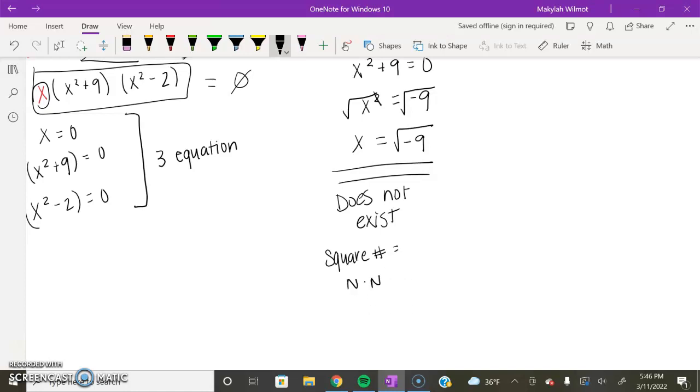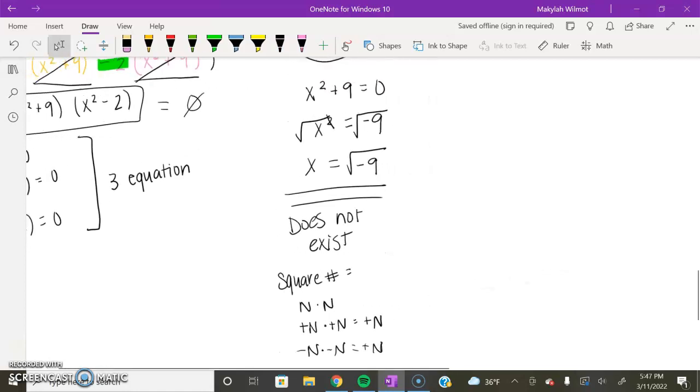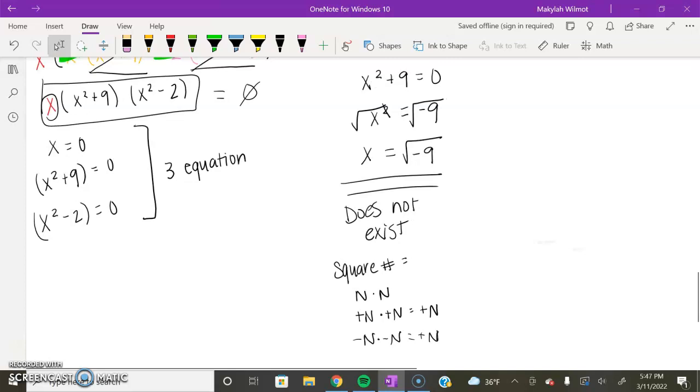Okay, so if we have a positive n times positive n, that's going to get us a positive n squared, right? Or like another positive number. Negative n times negative n will still get us a positive. So we can't have it. So we'll come back to this, okay? Maybe it might have to be in the next video, but we will come back to it.